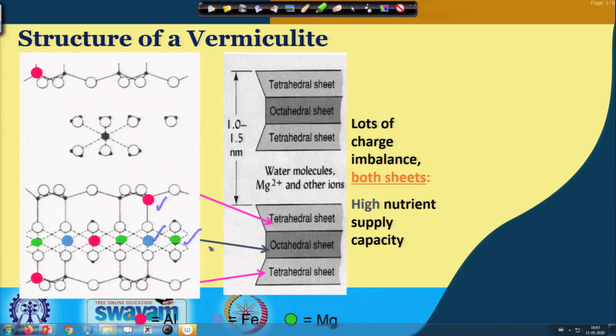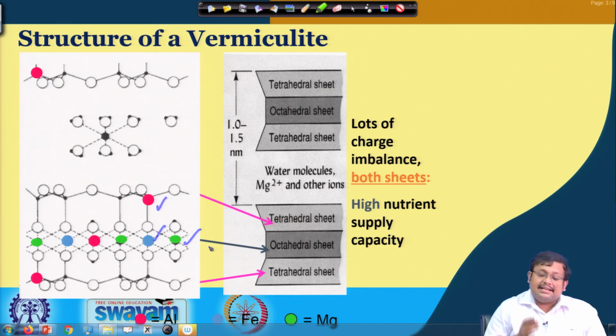As a result of that, lots of charge imbalance develops in both sheets, and negative charge is developed. As a result of high negative charge, this vermiculite has the capacity to attract the nutrient cations, and as a result, this type of soil can supply a high amount of nutrients to the plants.